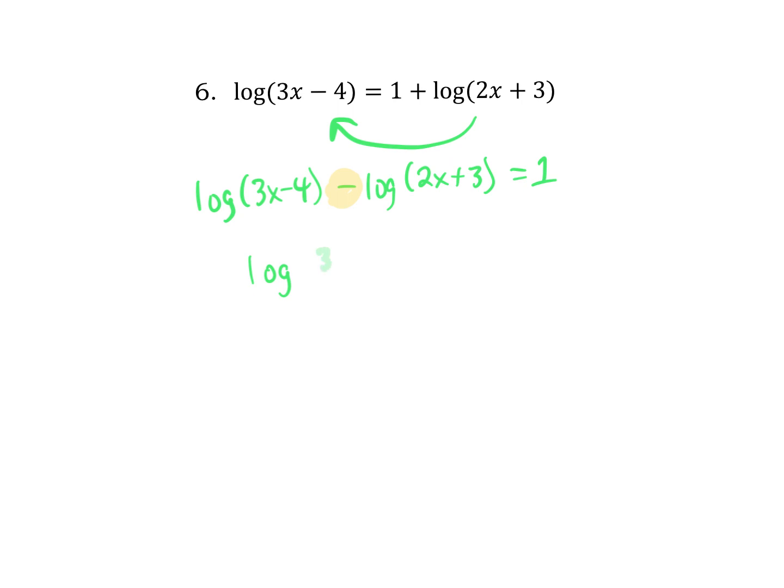Yeah, sorry, let me switch to pen. So 3x minus 4 all over 2x plus 3. Good. And then that's equal to 1. You good with that now? Because you were like, I'm not so sure. But yeah, we had subtraction, so we rewrite using division.